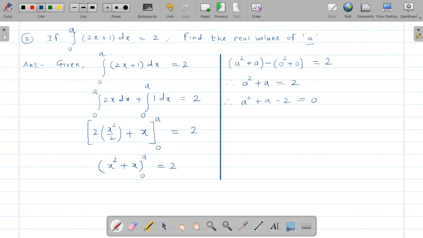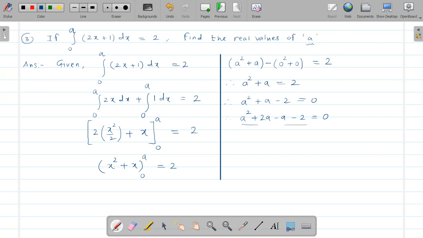Now solve this quadratic equation by splitting the middle term. It will be a square, then a square as it is, and here we have to split the middle term. The middle term is a, and we require the product minus 2, so it will be plus 2a minus a minus 2 is equal to 0.